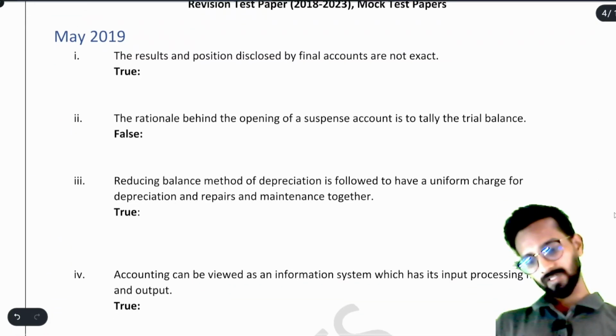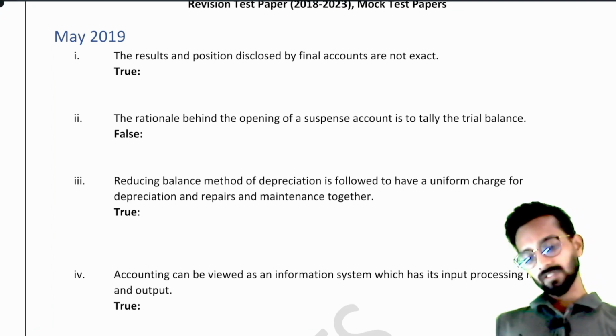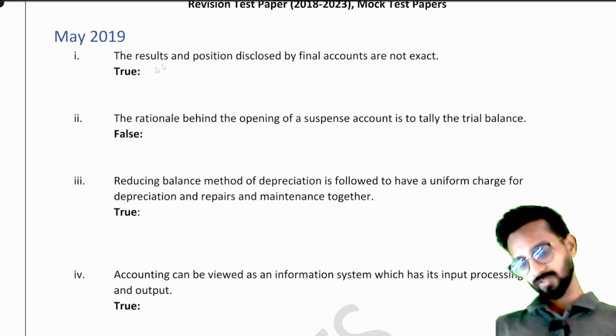Okay, May 2019. The first question says, the results and position disclosed by final accounts are not exact. See, it is absolutely true because they are prepared on the basis of assumptions. Now we will write here: true.